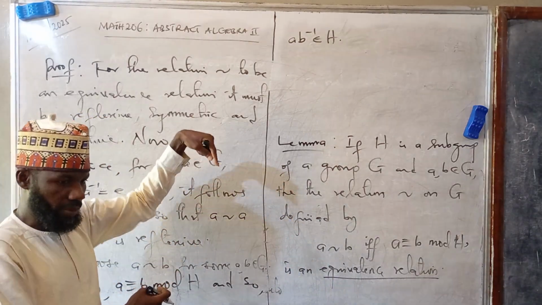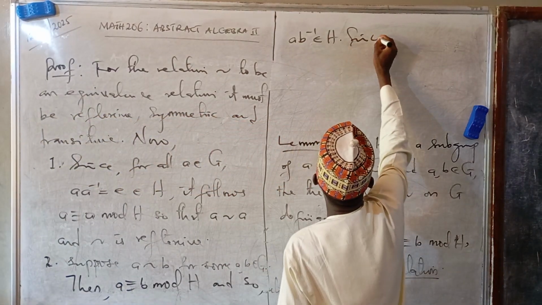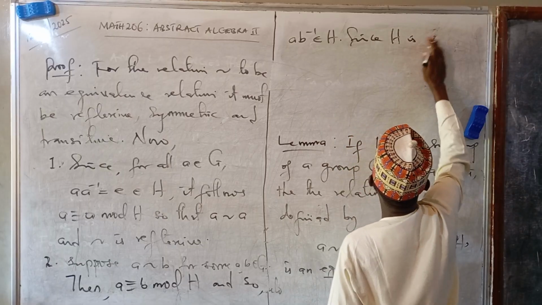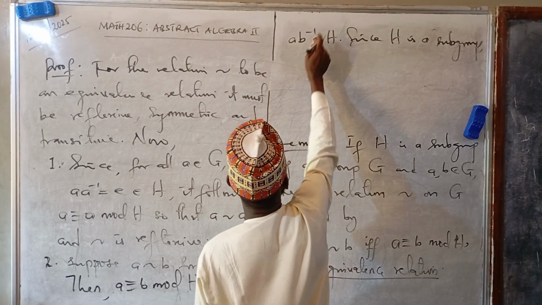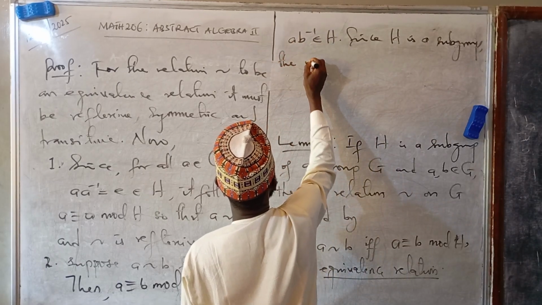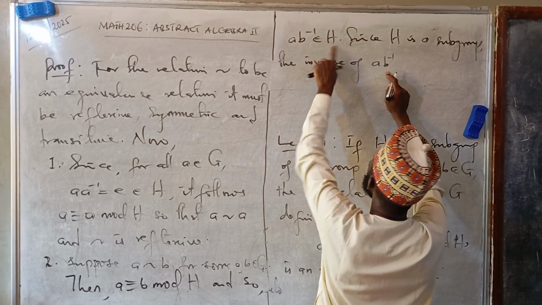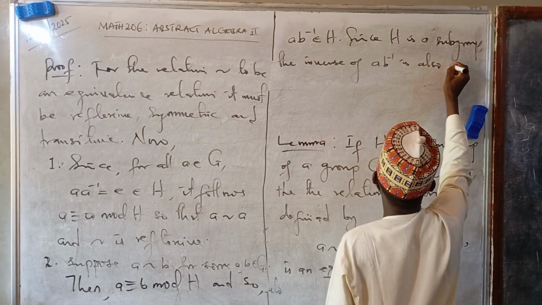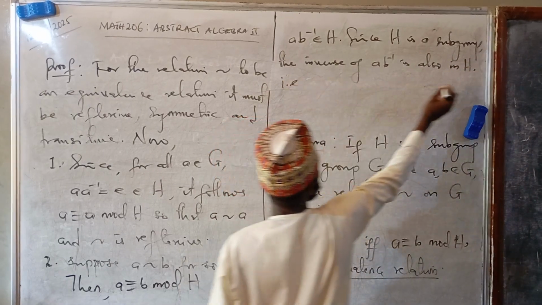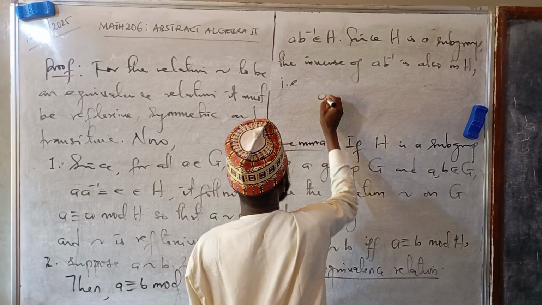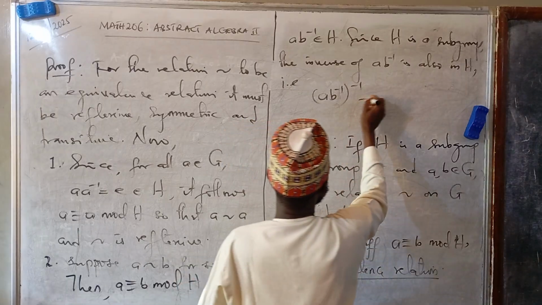So if you take the inverse of this particular element in H, it will still be in H. That is, if you take the inverse of AB inverse, what will this be equal to?